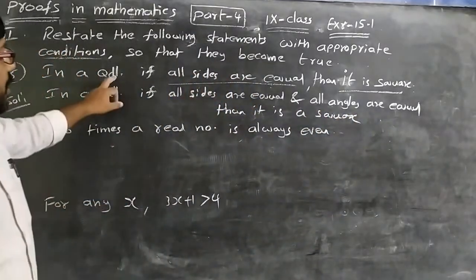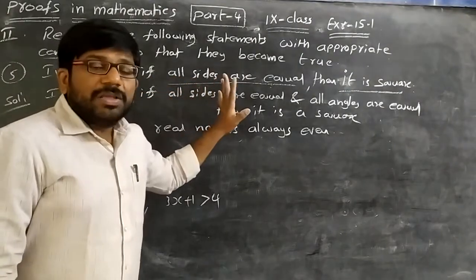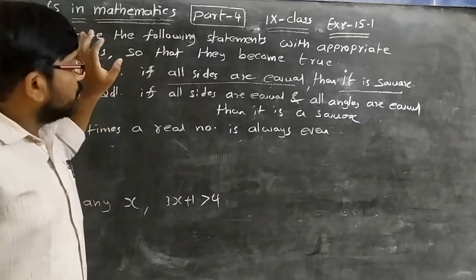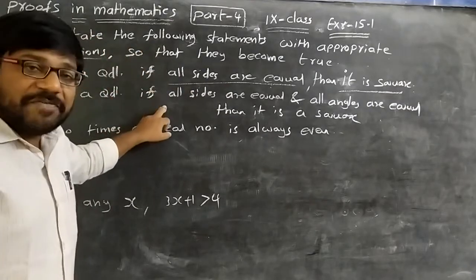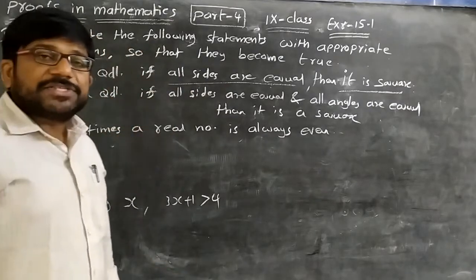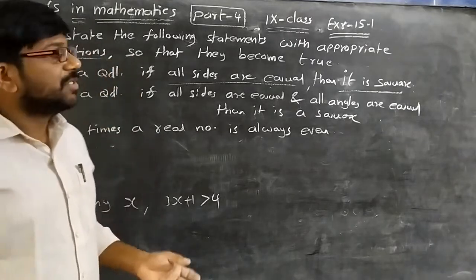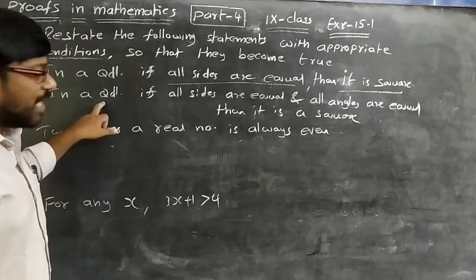So in the given statement only all sides equal but not all angles equal, so it is false. To make it correct we have to write the correct definition. So in a quadrilateral, if all sides are equal and all angles are equal, then it is a square. So it is a correct statement.